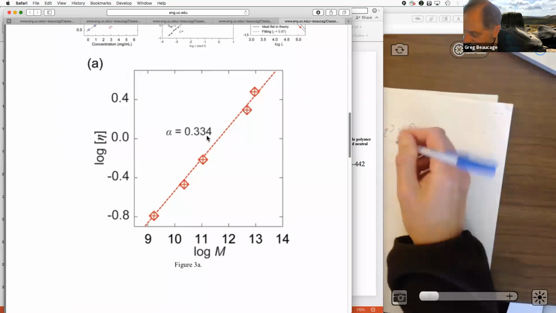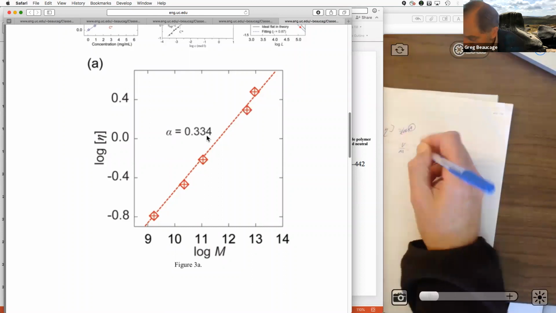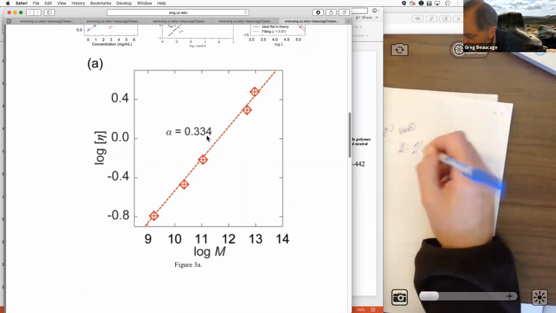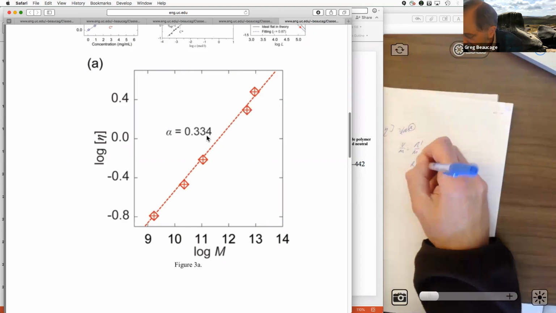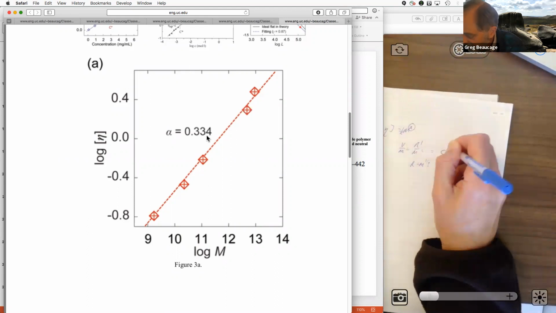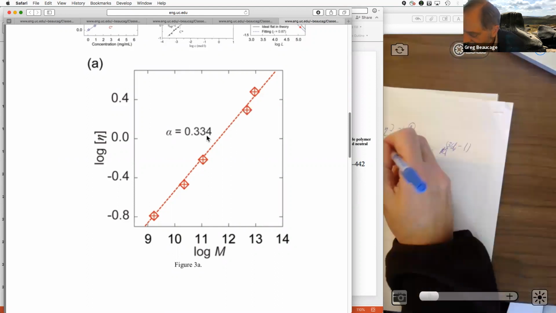And viscosity is going to be M over volume. So it's R cubed over M. And R equals M to the 1 by df. So you're going to get M to the 3 by df minus 1 for the intrinsic viscosity.